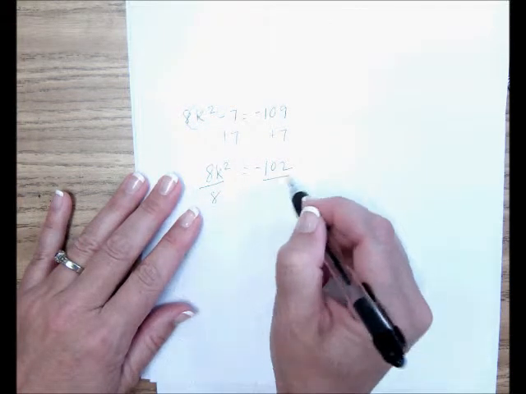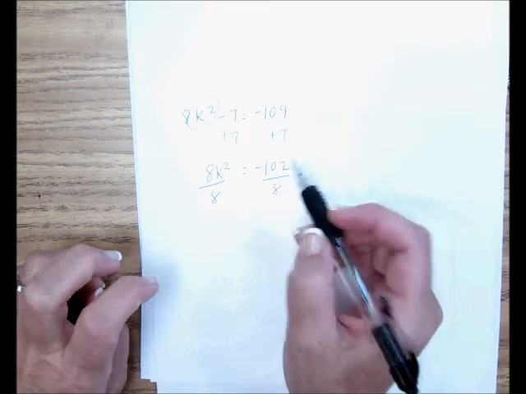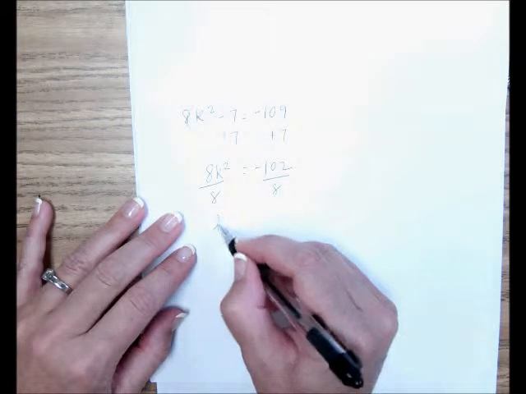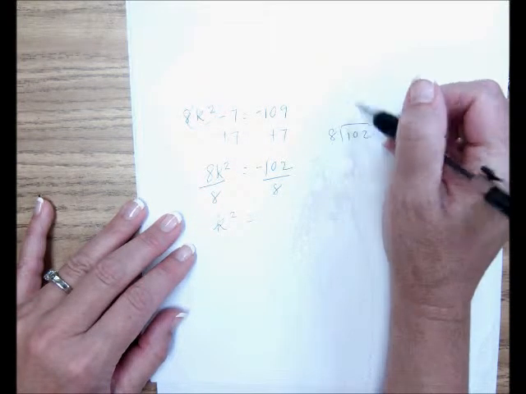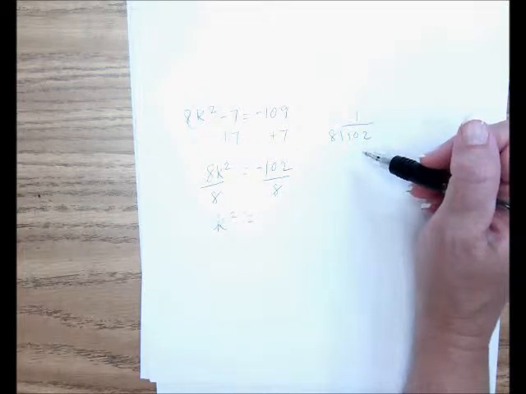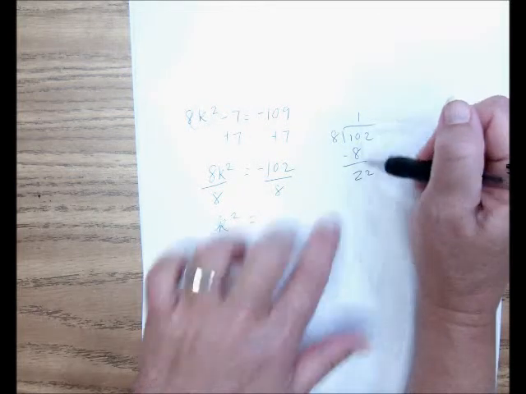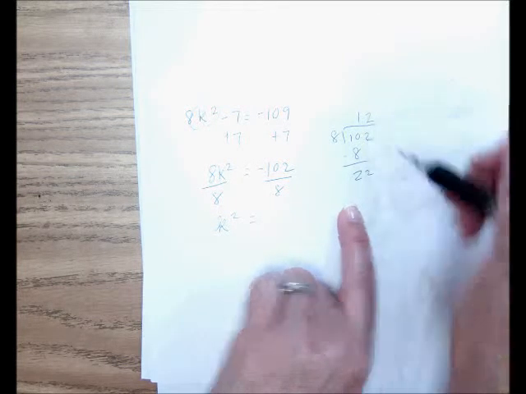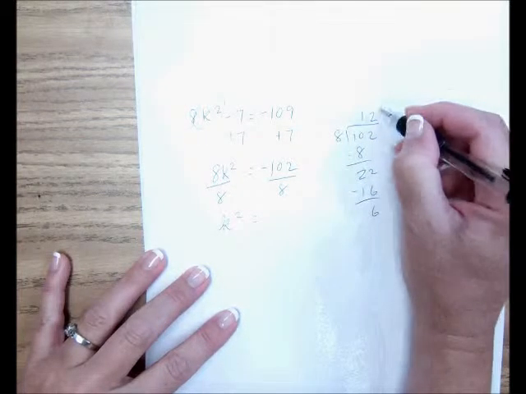And then I'm going to divide both sides by 8. And again, k squared is equal to 8 goes into 102 twelve times, with 6/8 left over.